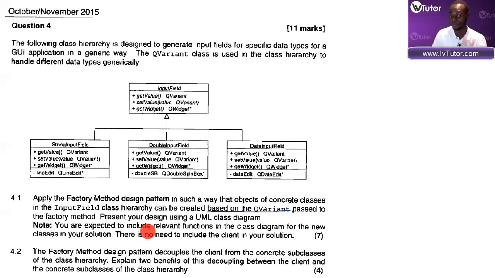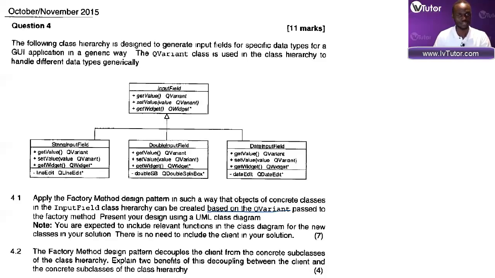We are not implementing here. We are just drawing the diagram. And it looks exactly the same, right? We have here an input field, which is abstract. And inheriting from our input field, we've got string date, string double, and date.